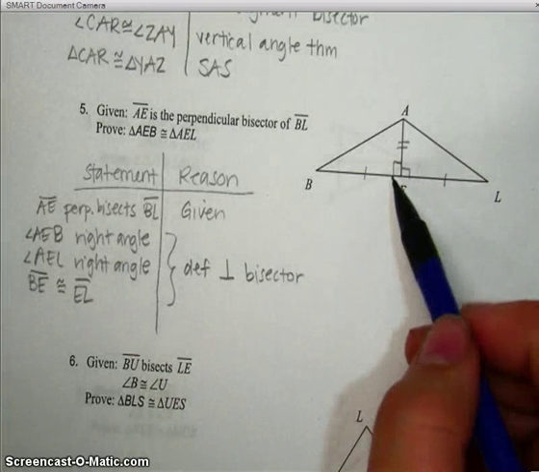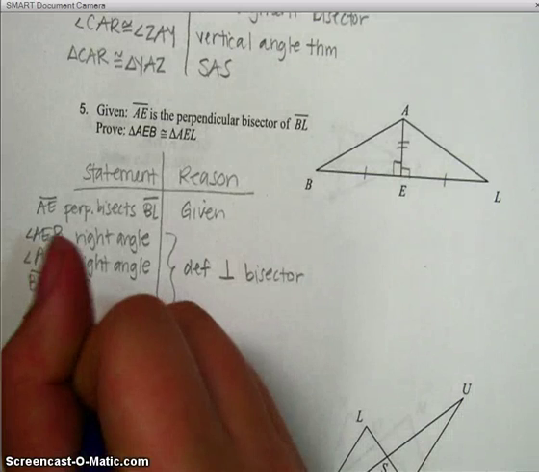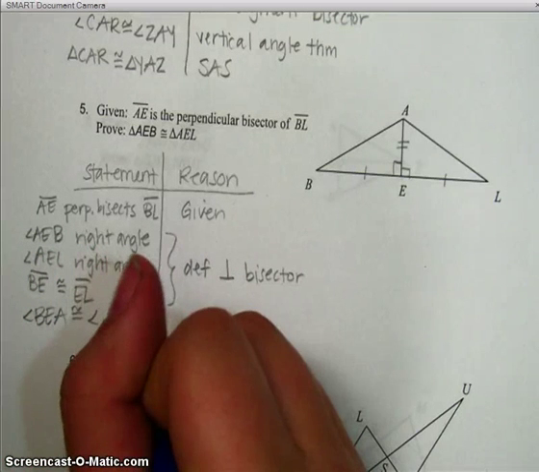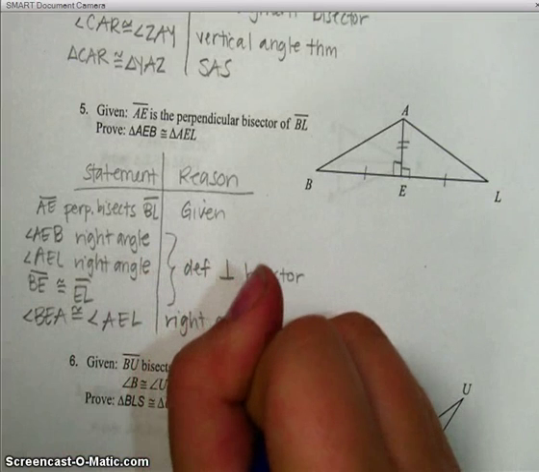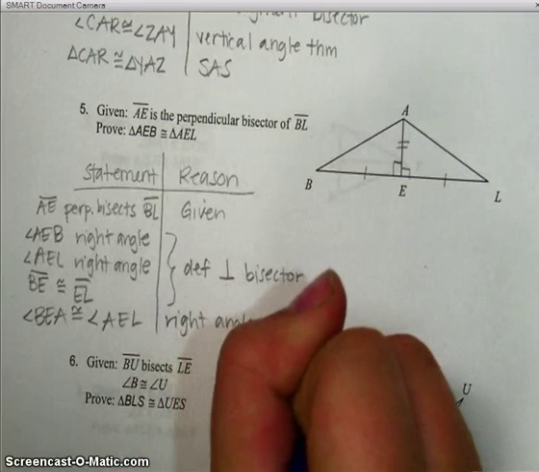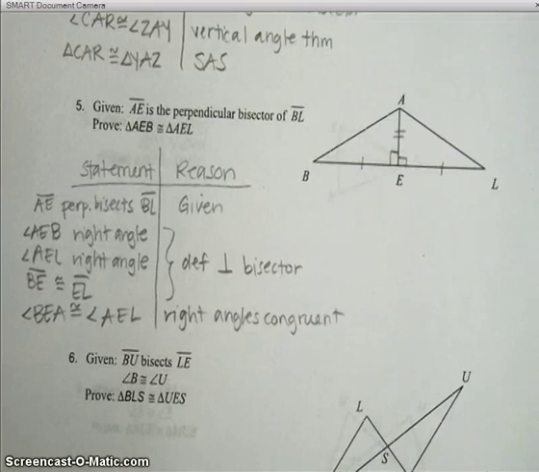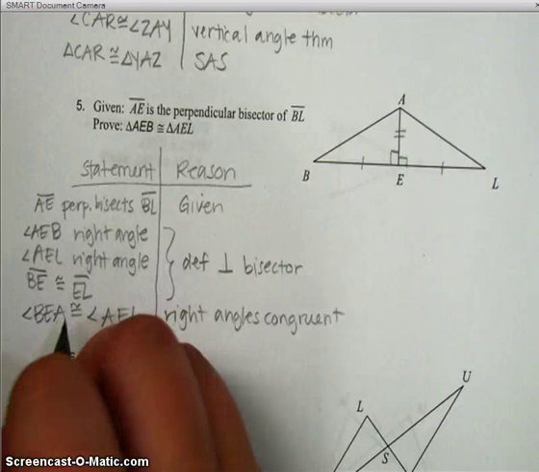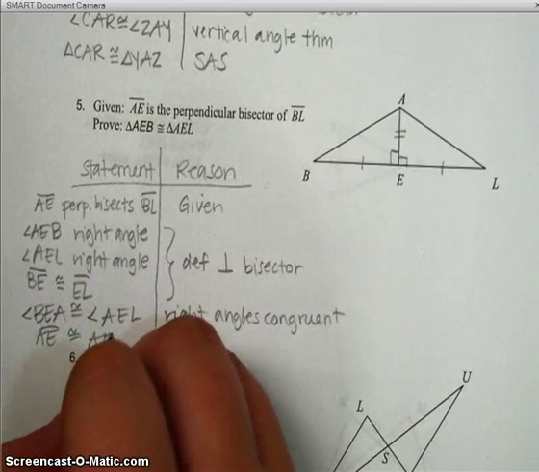Alright, we're also able to see that angle BEA is congruent to angle AEL because right angles are congruent. And the last thing we looked at was segment AE is congruent to itself.